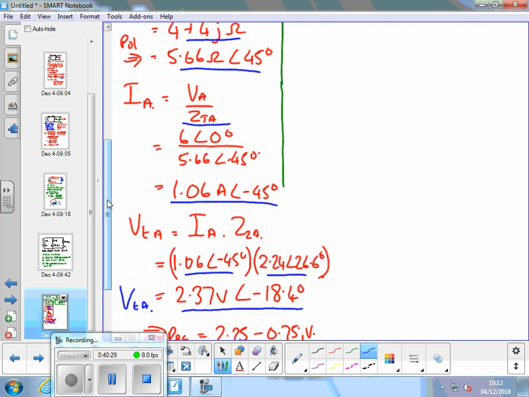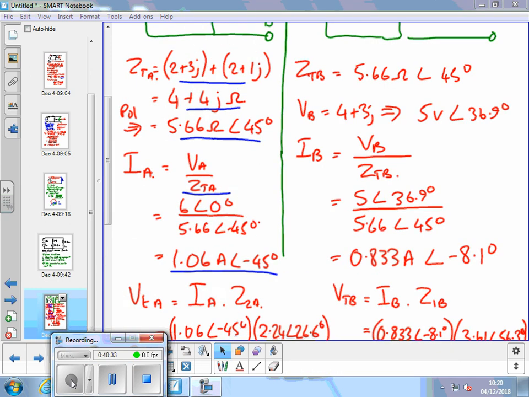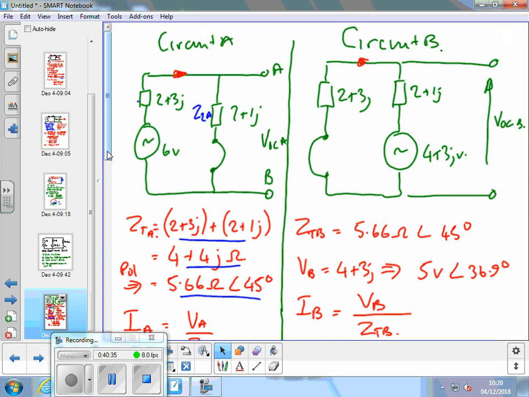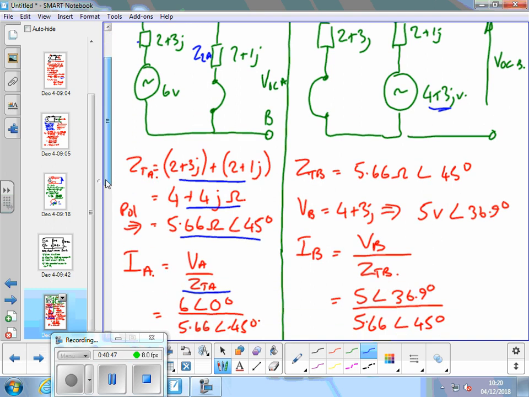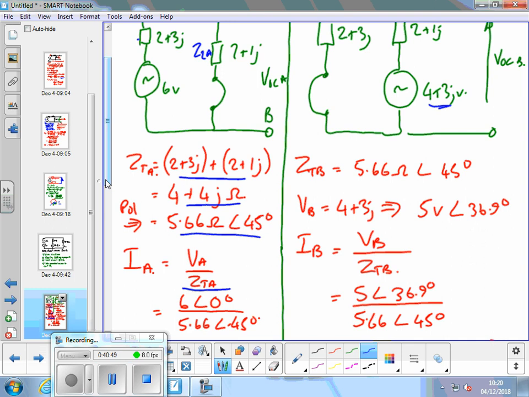The same process for the other circuit on the other side. So I'll do that one in a little while. So in terms of circuit B, we've got this voltage source driving a current round through the same impedance. There's still the same two components in series. So immediately the total impedance in circuit B we've got already from circuit A. Use that to calculate the current.